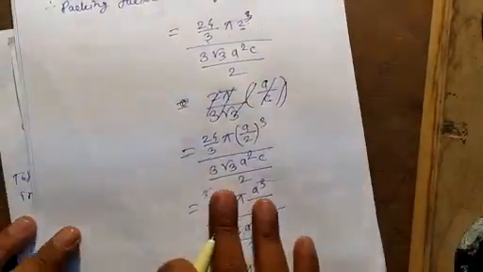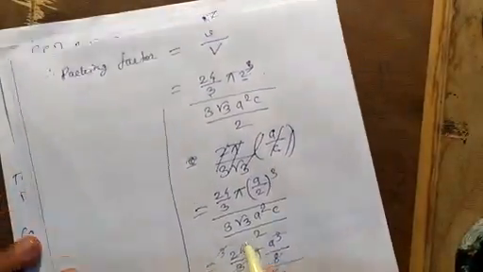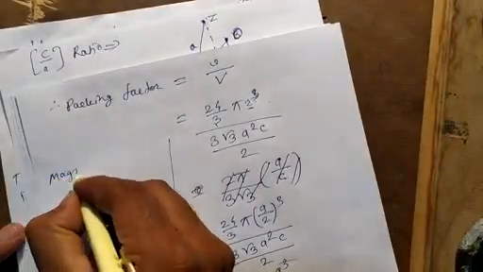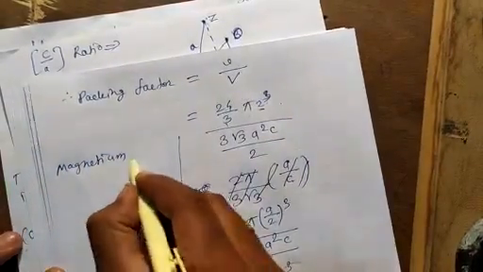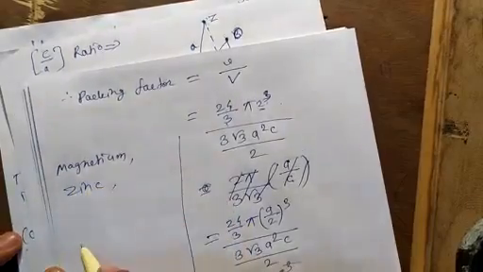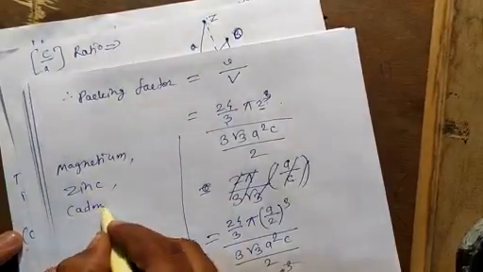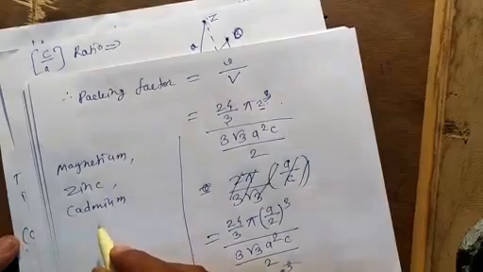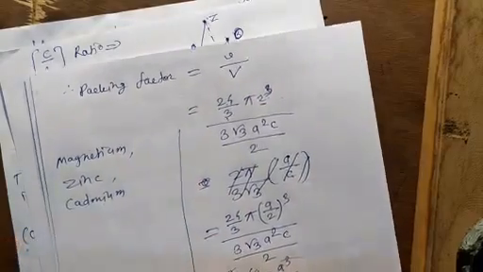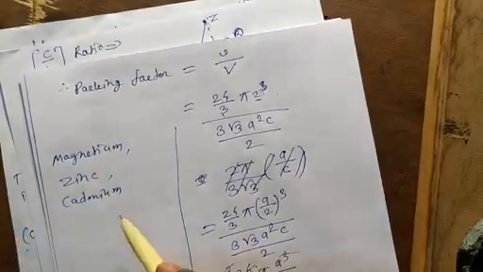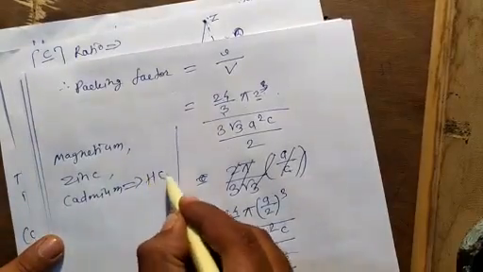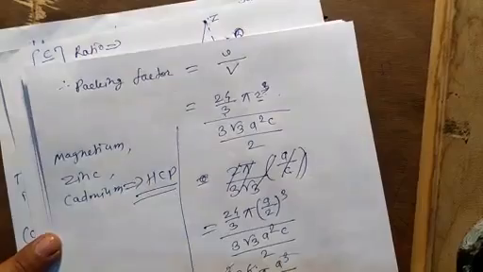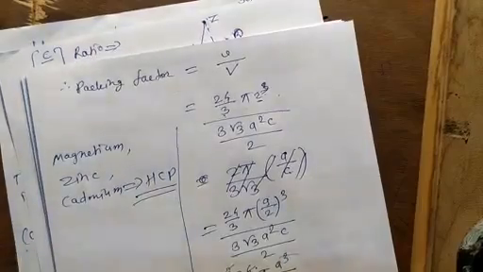Now the examples for this are magnesium, zinc, cadmium. These crystallize in HCP structure.